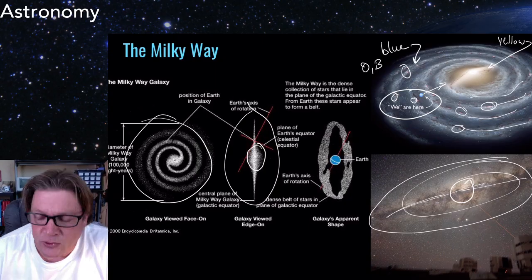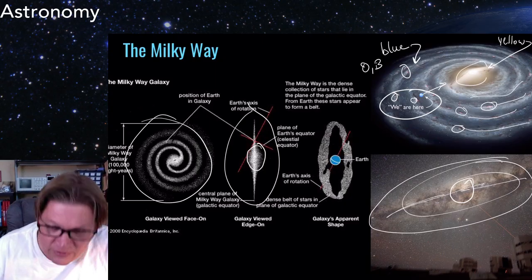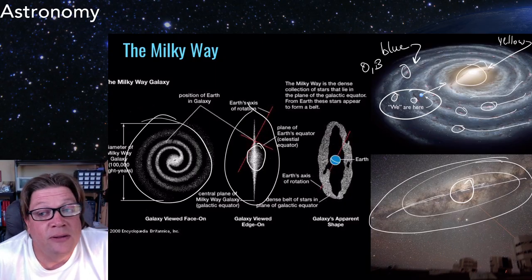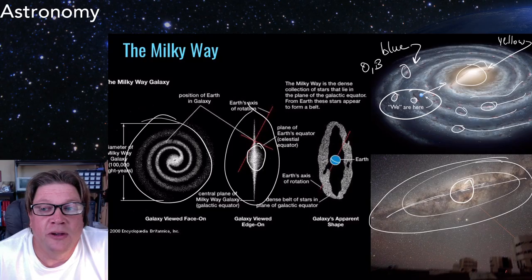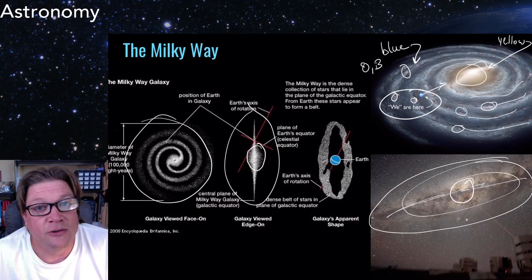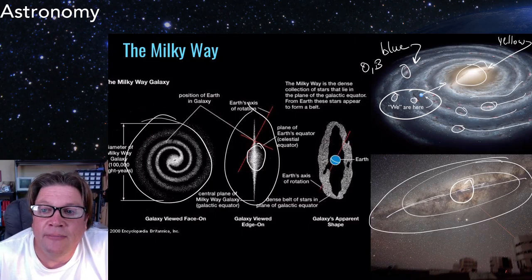Okay, what's going on in the nucleus? Because there in the nucleus, it's yellow. Well, if it's yellow, that means that there isn't as much active star formation going on. Whatever O and B stars have been born typically die, so they can't contribute much of the light. So a yellowish tint in a galaxy means that it's a population of older stars, right? G's, K's, and so on.